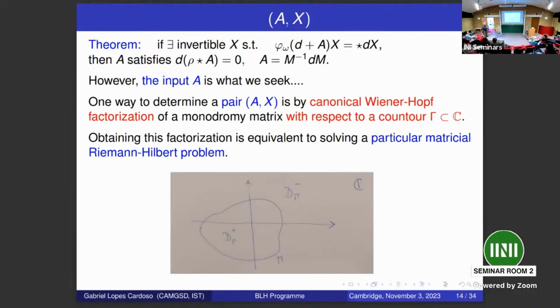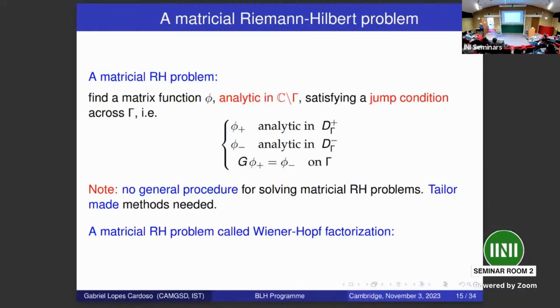So let me be a bit more precise. You seek a matrix function phi, which is going to be analytic in the outside and in the interior region. Let's denote the matrix that is analytic inside the curve by phi plus. Let's denote the matrix that is analytic outside of the curve by phi minus.